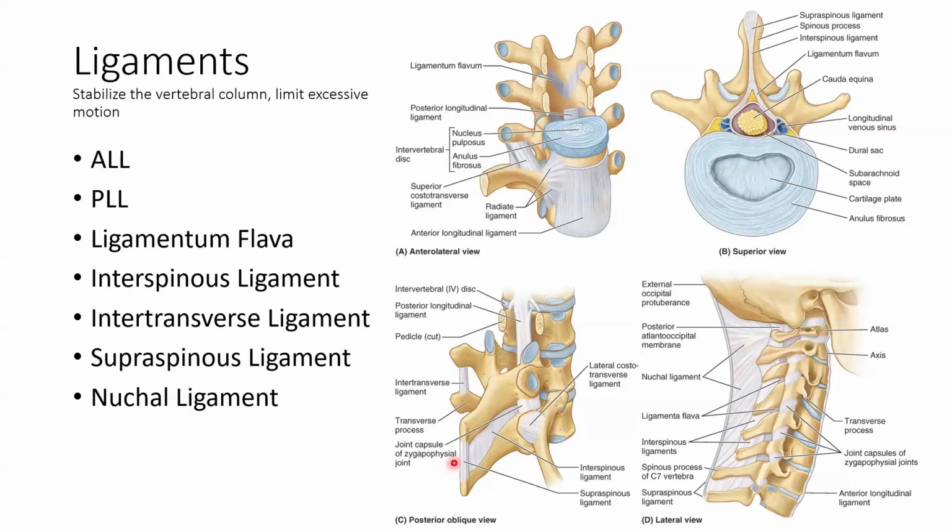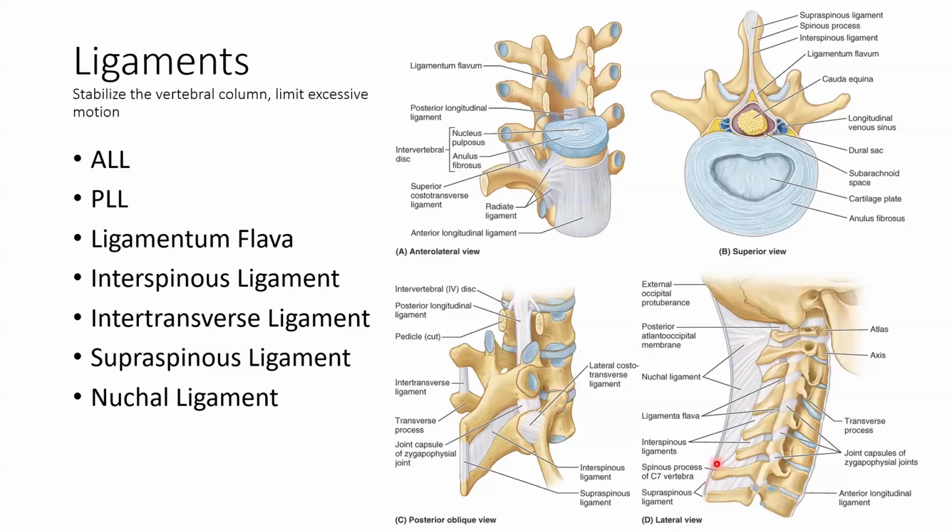Supraspinous ligament. The supraspinous ligament is coming off the very tips of the spinous processes from C7 down to the sacrum, helping to resist excessive spinal flexion.